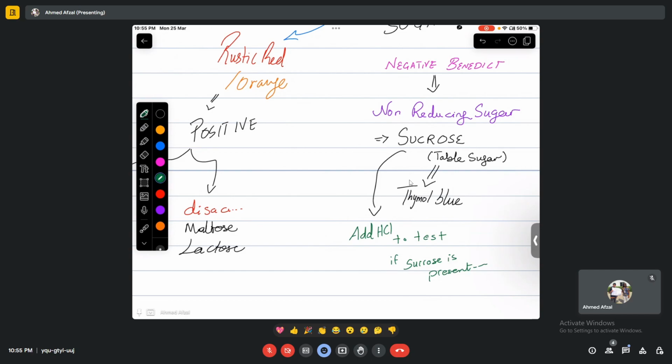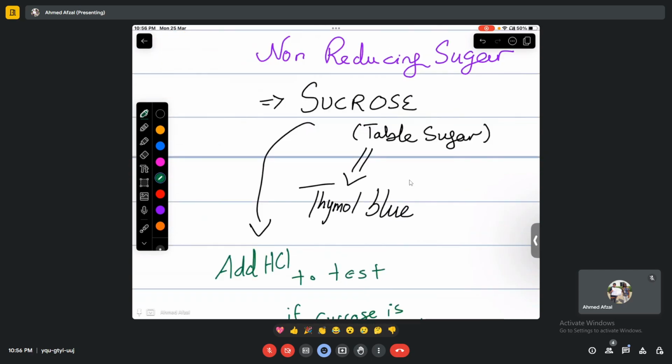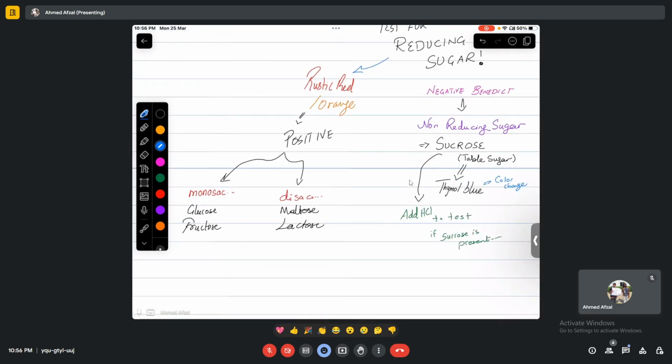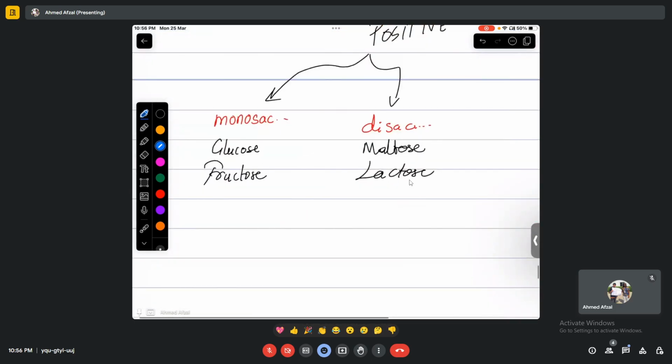Absolutely. So an HCl test can be done to further verify that sucrose is definitely present. Although the thymol blue test would also indicate, as a result of the Benedict's test, that sucrose is present, at that point you would stop. You do not need to conduct any further testing according to the scheme that we are given in this course.